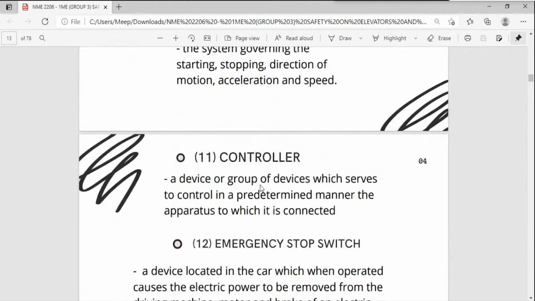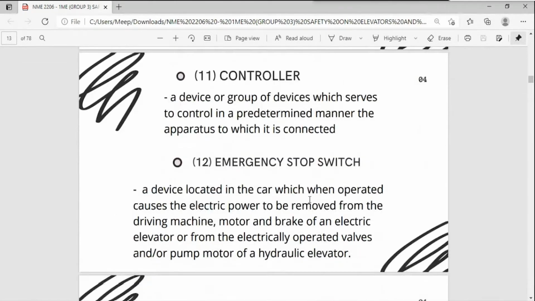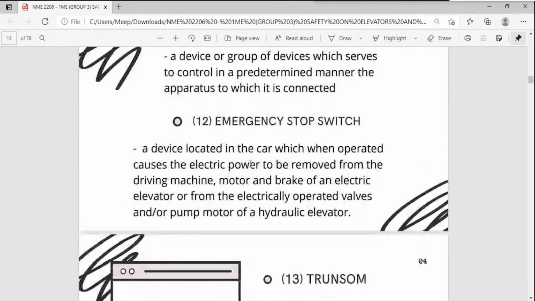Controller, a device or group of devices which serves to control in a predetermined manner the apparatus to which it is connected. Emergency stop switch, a device located in the car which when operated causes the electric power to be removed from the driving machine, motor, and brake of an electric elevator or from the electrically operated valves and or pump motor of a hydraulic elevator.